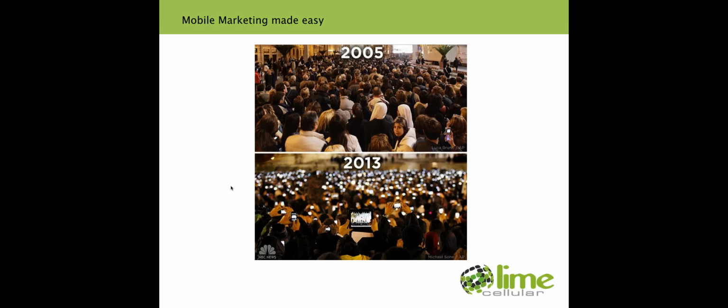There's a picture we used to show for a while, the difference between 2005 and 2013 in the number of phones. I didn't even bother to update it for 2015 because today it's so obvious that every person is holding a phone, staring at the phone anywhere you go. And I think the strongest way to reach them is via text.